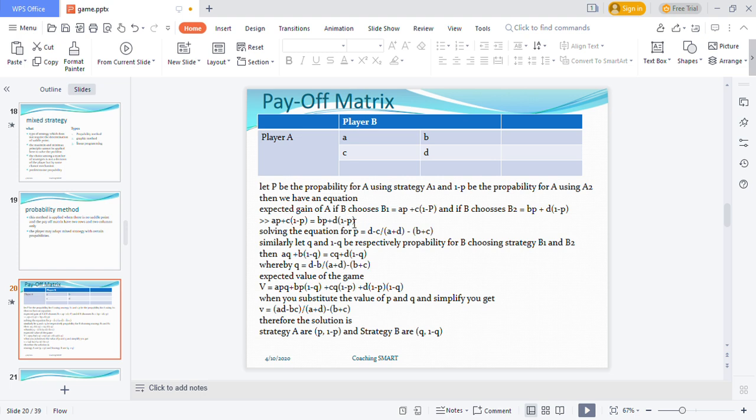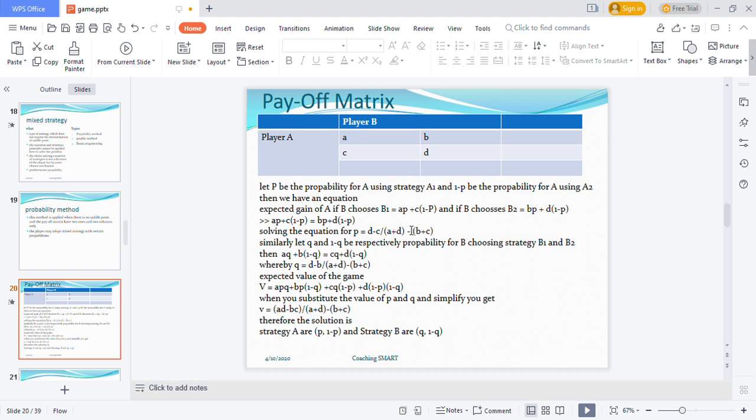Expected gain of A if B chooses B1 is AP plus C(1 minus P), and if B chooses B2, we have BP plus D(1 minus P).